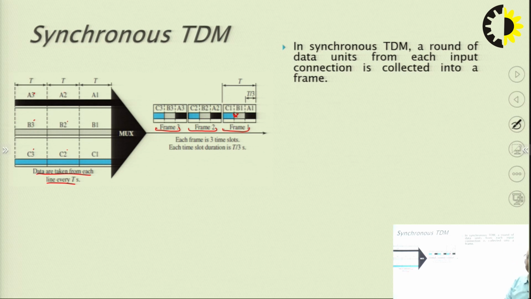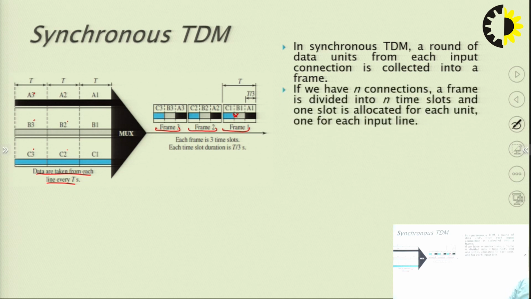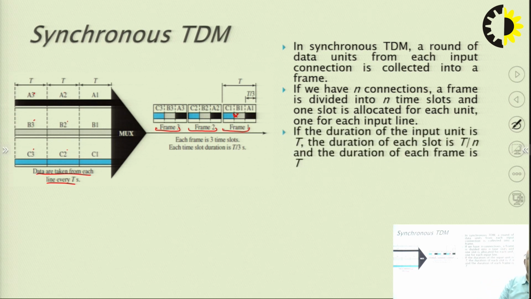So in synchronous TDM, a round of data units from each input connection is collected into a frame. If we have n connections, a frame is divided into n time slots, and one slot is allocated for each unit, one for each input line. If the duration of the input unit is t, the duration of each slot is t divided by n, and the duration of each frame is t.